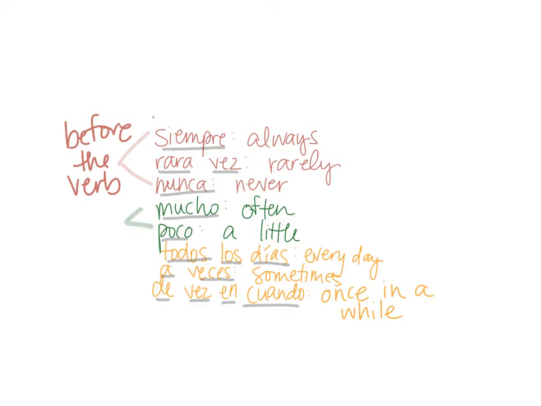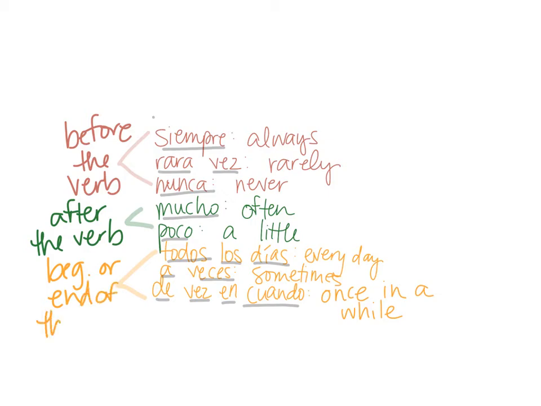These two that I have in green are usually placed after the verb. So mucho and poco are both normally placed after the verb. And then these three that I have in yellow can be placed at the beginning or end of the sentence.